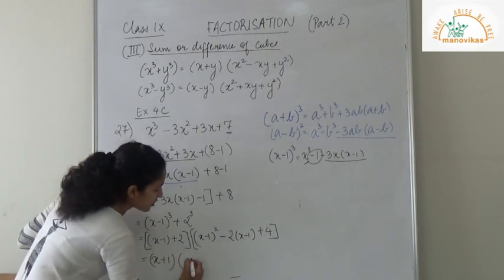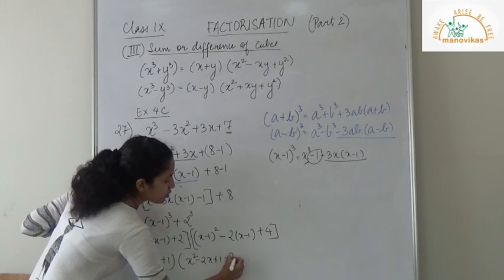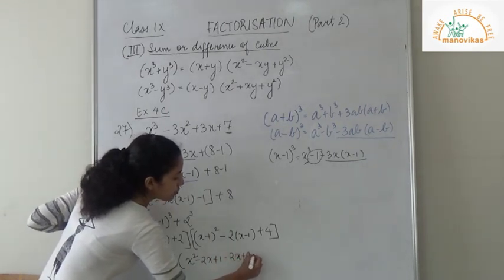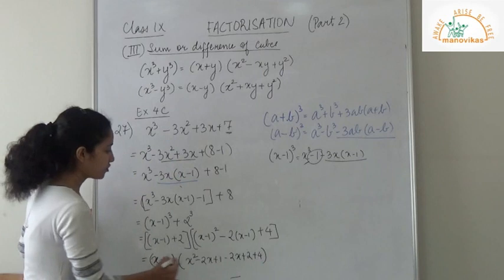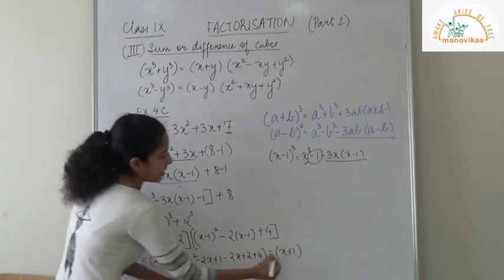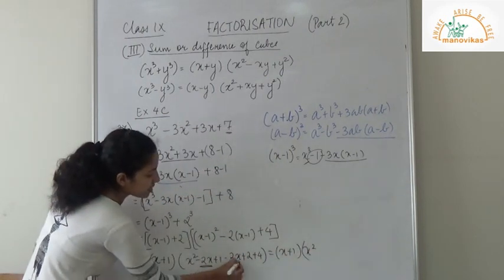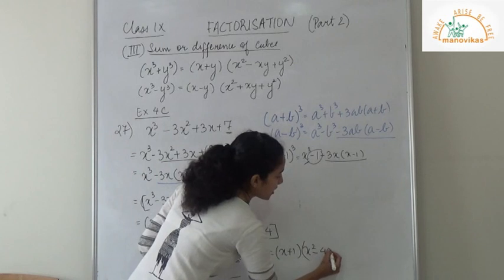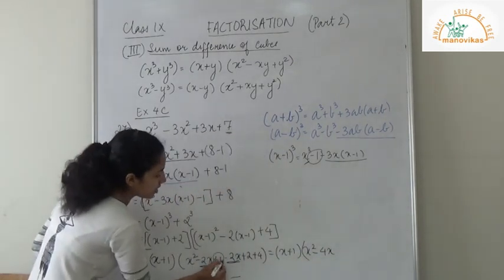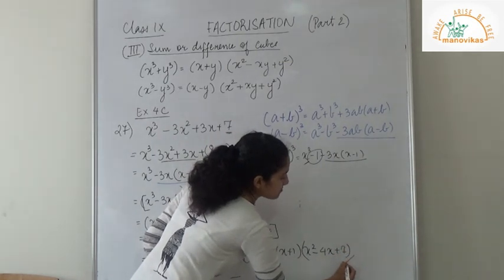And opening up the brackets here, I get x square minus 2x plus 1 minus 2x plus 2 plus 4. I have x square, minus 2x and minus 2x will give me negative 4x, and taking all the number terms, I get this as equal to 7.